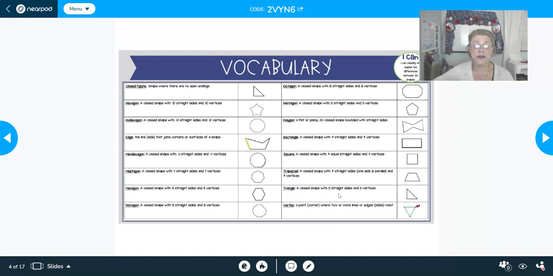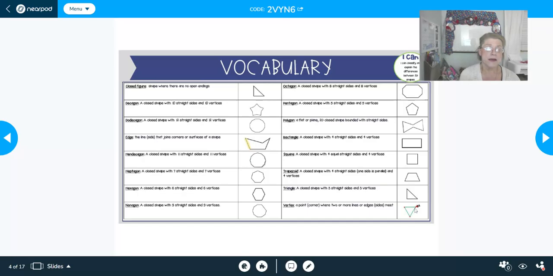Triangle, a closed shape with 3 straight sides and 3 vertices, and vertex or vertices. So one second, I'll explain that. A vertex is a point or corner where 2 or more lines, edges, or sides meet.